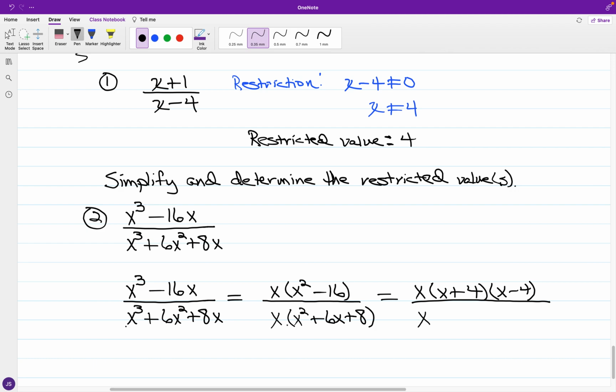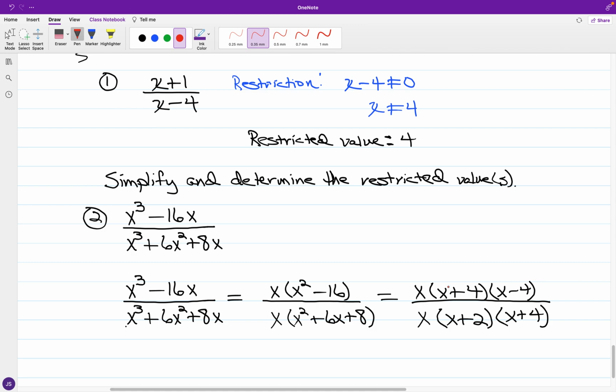And for the denominator, you have x, and if I factor x squared plus 6x plus 8, we have x plus 2 and x plus 4. I held out on the cancellation of x until I got to the end, so we have the complete factorizations.